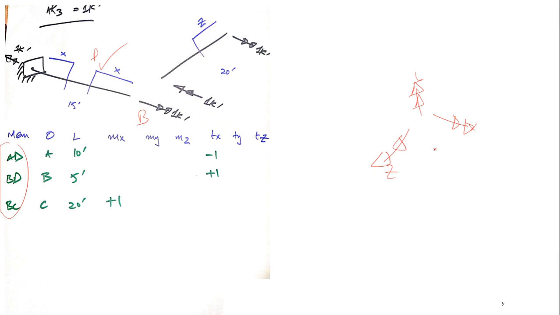All these moments are anti-clockwise, so this is minus, this is -1, so it would be balanced here with +1, and this moment is in X, so this is a torsion, +1. Similarly, this is +1, it would be balanced by equal and opposite, -1, because this is anti-clockwise, so it is minus.